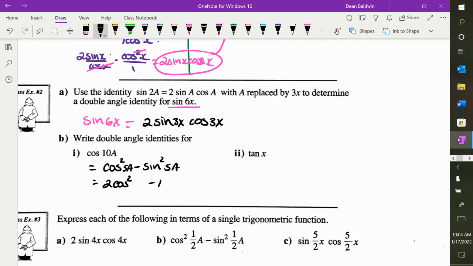What's the angle in there? 5a. And you could also write 1 minus 2 times sine squared of 5a. Those are all correct answers. You're going to see tomorrow, and depending on a certain proof, you'll choose one to make your life easier. I'll teach you that tomorrow. Okay?